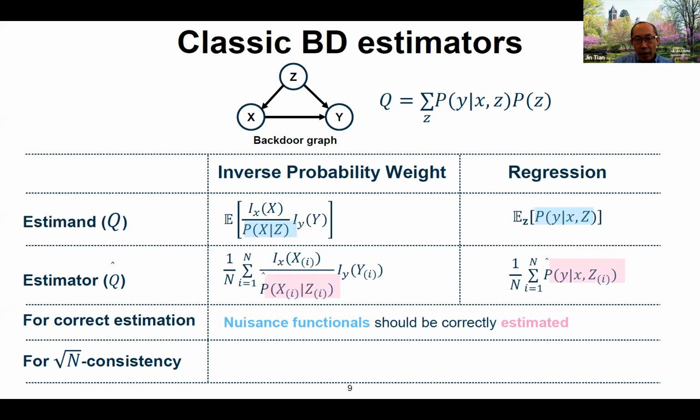Now, in both these estimators, we require the nuisances to be correctly estimated in order for the estimation to be correct. Also, for the estimator to achieve the desired square root n consistency, we'd like the estimates for all the nuisances to also converge at square root n.